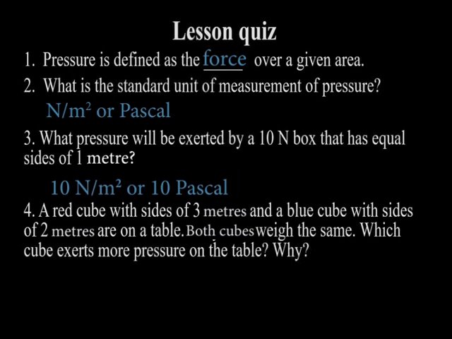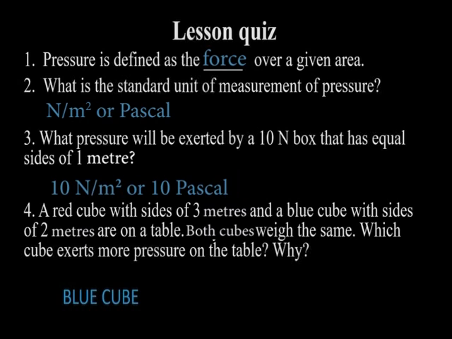Question number 4, please read the question carefully. A red cube with sides of 3 meters and a blue cube with sides of 2 meters are on the table. They both weigh the same, which means the force is the same. Which cube exerts more pressure on the table and why? So, what could be the answer? The answer is the blue cube.